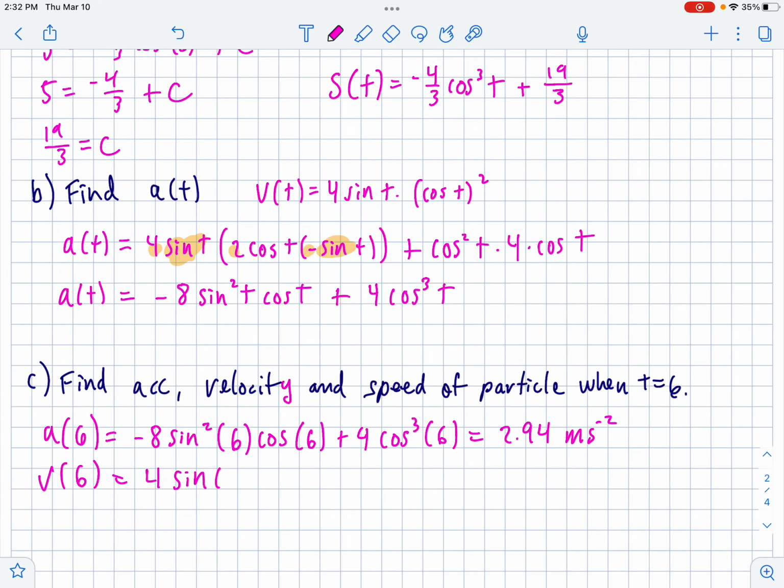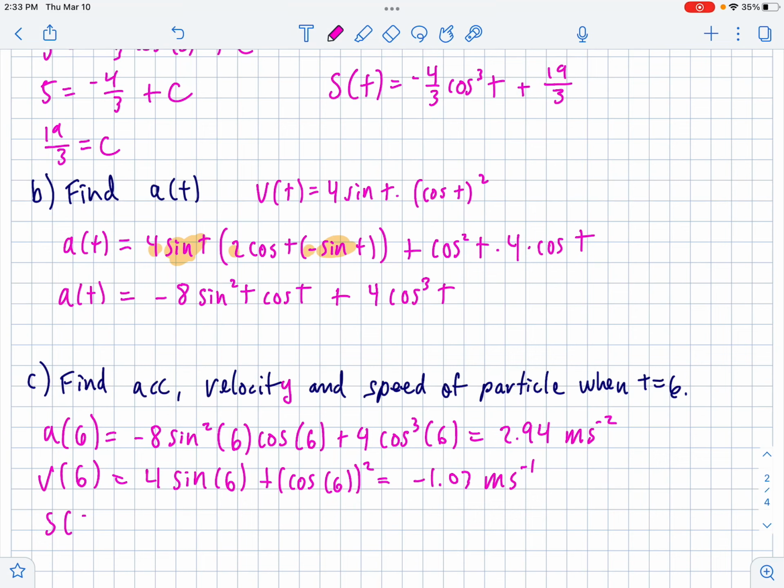Velocity of 6 is going to be 4 sine of 6 plus cosine of 6 squared, which is negative 1.03 meters per second.